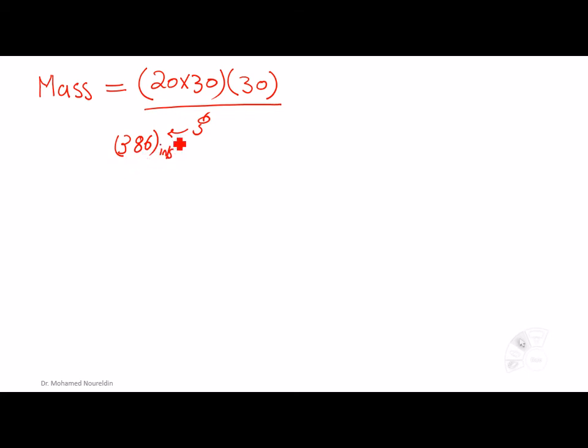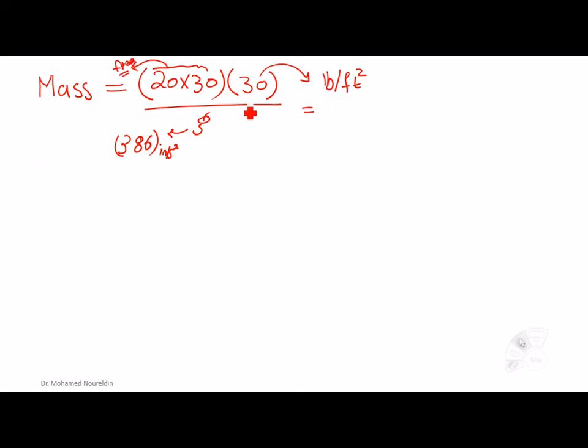So we have this 30, it is already given. As we said, it is pound per foot squared. And this is 20 by 30, the area, or the plan, of our system.